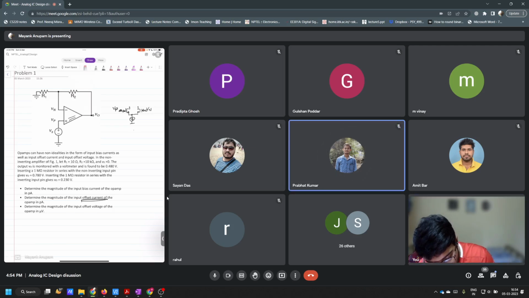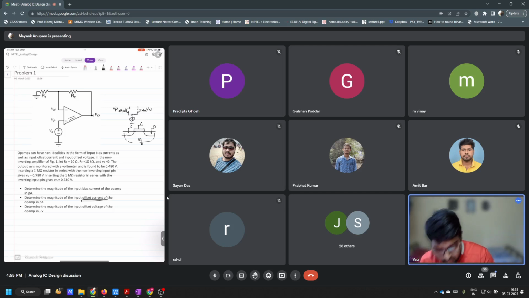You have this oxide here, you have the gate here, and this is your drain, and this is your source, and this is your body. So there is no direct connection between the gate, source and drain.